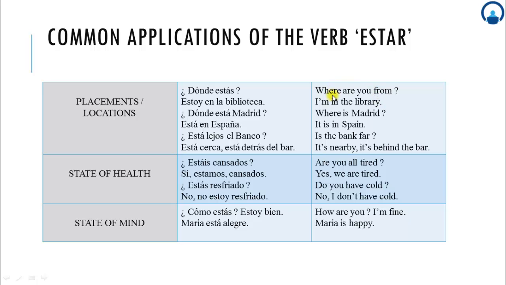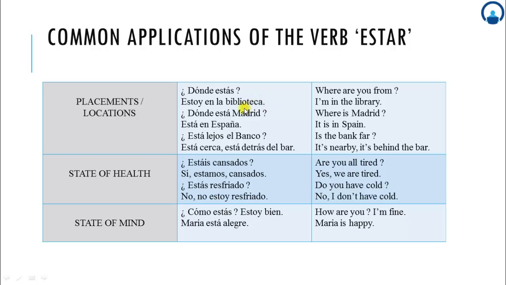Over here, I've used in Spanish ¿dónde estás? Estás is the conjugation of estar that is used for variable state. That means the question is asking me about my location, and that's how I answer. I am in the library. Estoy en la biblioteca.